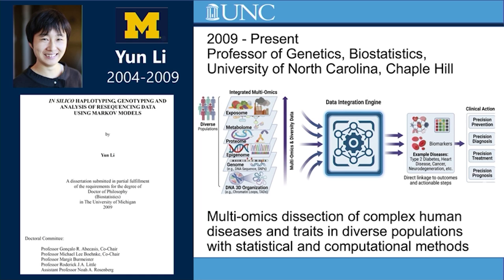I had better offers back then, when money mattered so much to me. I got a fellowship of over $36,000 a year, and I said, no, I'm going to Michigan. Right after graduation, I joined the University of North Carolina, Chapel Hill, where I'm a professor of genetics and biostatistics.